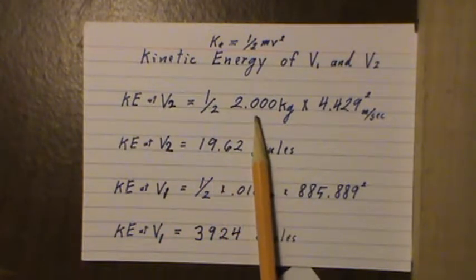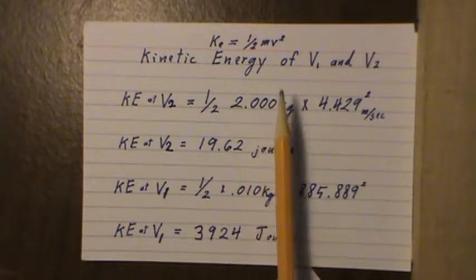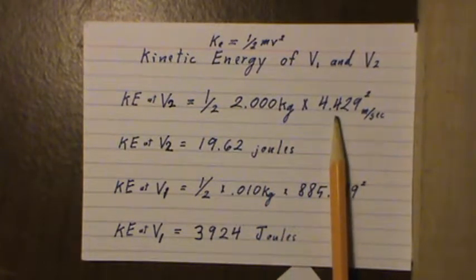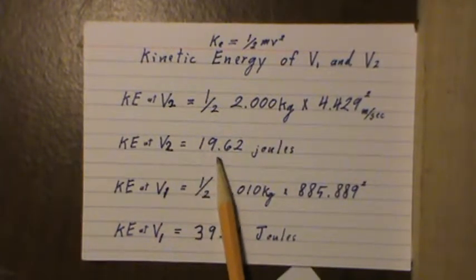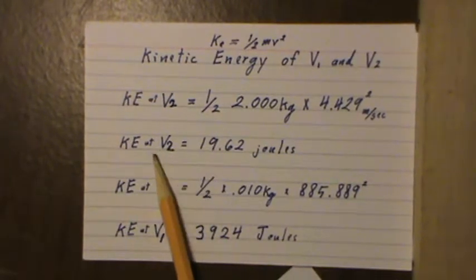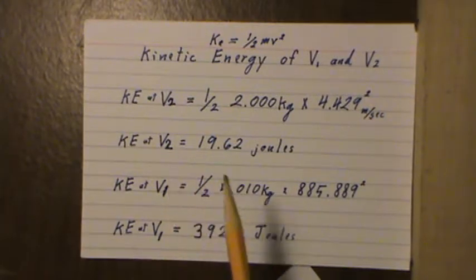The block weighs 2,000 grams or 2 kilograms. This has to be changed to kilograms because the formula is arranged that way. And the meters per second is squared, and we come out with 19.62 joules of energy for the block and bullet combination after the block has been struck by the bullet.